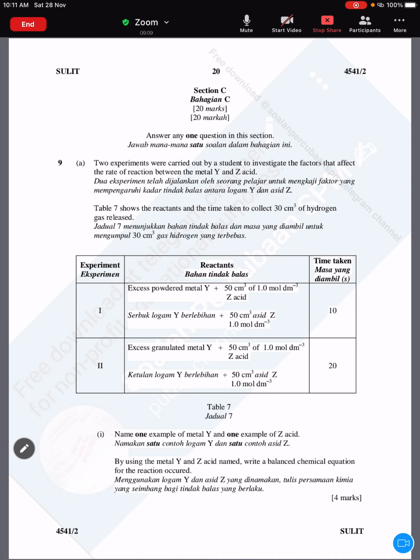So you must explain A to Z. I always advise my students, when you are answering section C, try to imagine you are explaining to your grandmom, or your little sister. Why I'm saying so? Because you need to explain each point accordingly in detail. That is how you earn the marks for section C. Okay, so please keep that in mind. Please explain in detail. So that is one of the hints.